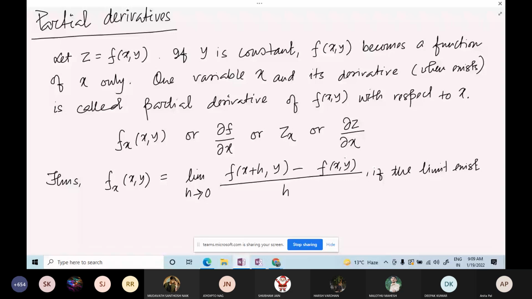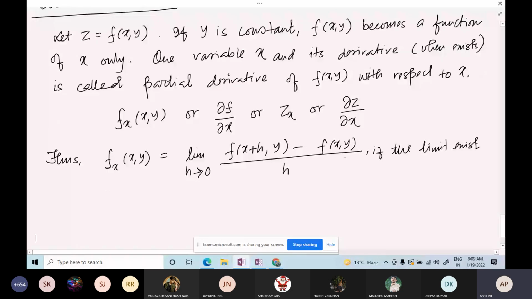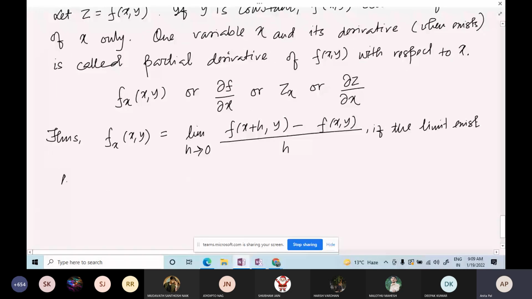Now in particular, if you want to find the first order partial derivative at a point AB, we'll write fx of AB, that is del f del x at AB, equals limit h tends to 0, f of a plus h comma b minus f of AB divided by h.